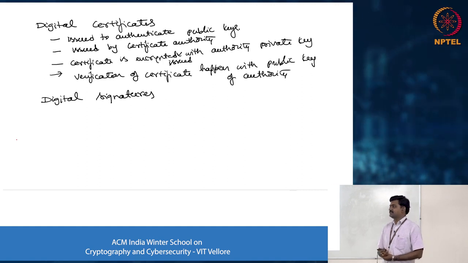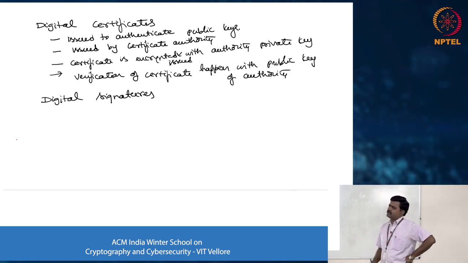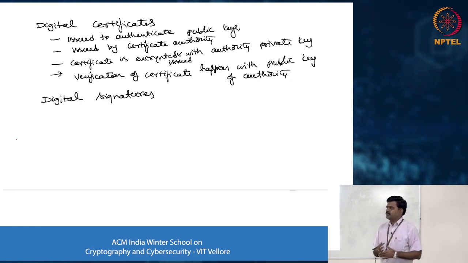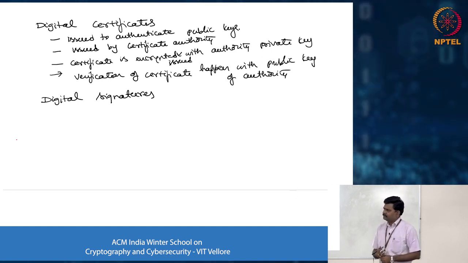Digital signatures, right? Okay, first of all, why do we sign on a document? Imagine there is a circular you receive, you look to see whether somebody has signed on it or not. Not only the circular, any document for that matter. Why?